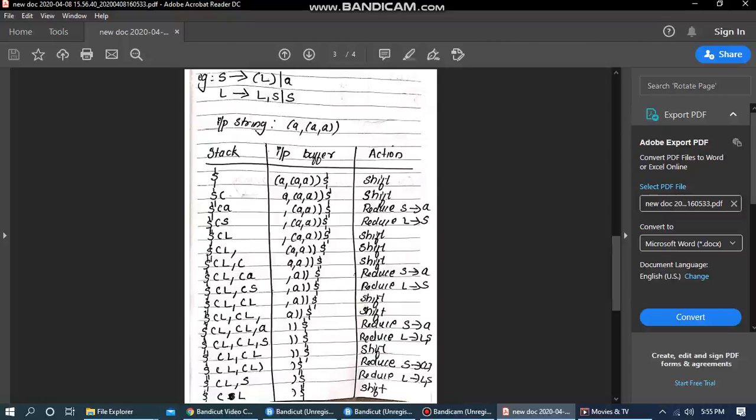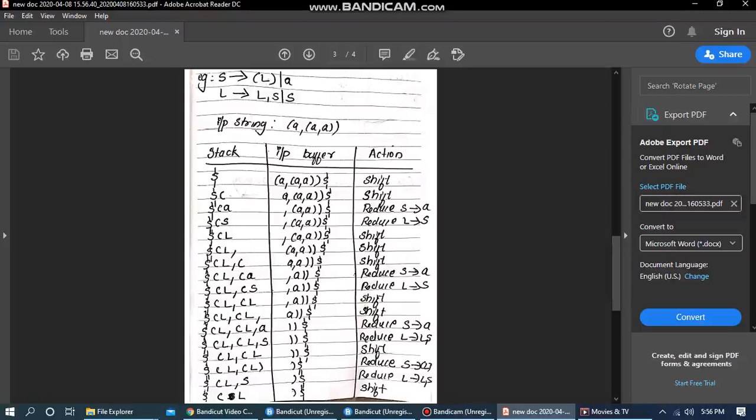So here in the first production there is one similarity, that is open bracket L close bracket. Replace that by S. So that is the action to be performed in the action column: reduce S gives open bracket L close bracket. In the place of open bracket L close bracket, replace this by S.